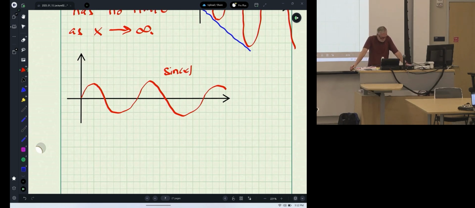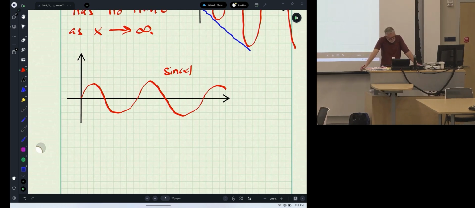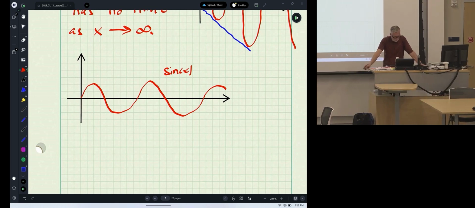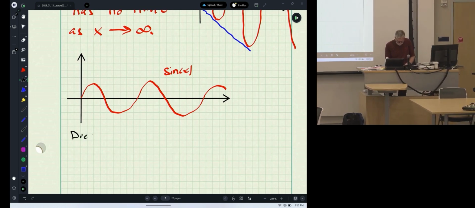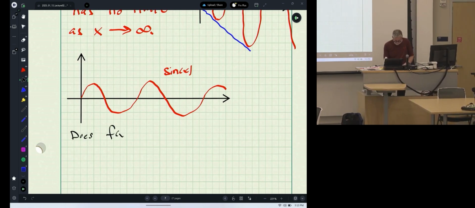So, it's clearly not heading off to infinity, doesn't take large values, but does it have a limit? Does f(x) tend to a value as x gets large?